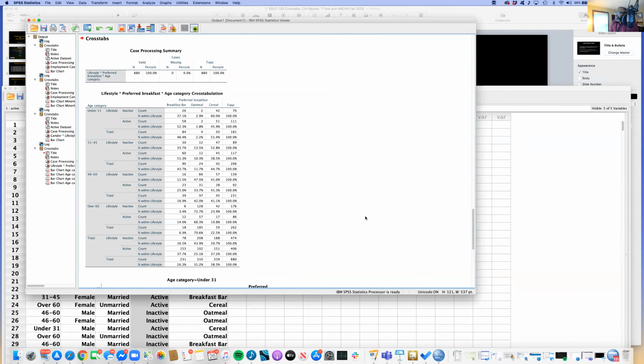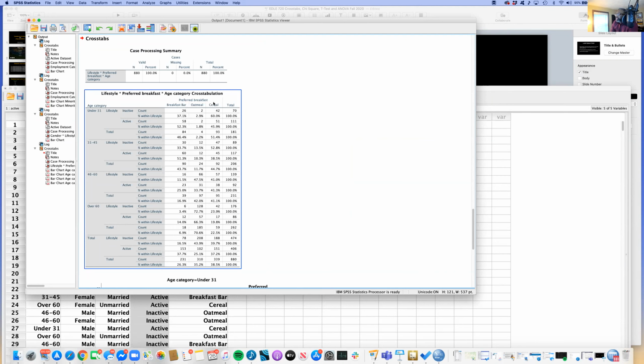All right, we have a lot more data here, because now we have 1, 2, 3, 4 categories for age. Let's take a couple of seconds to acclimate ourselves. Under 31, we have lifestyle, inactive and active, and then the preferred breakfast: breakfast bar, oatmeal, cereal.